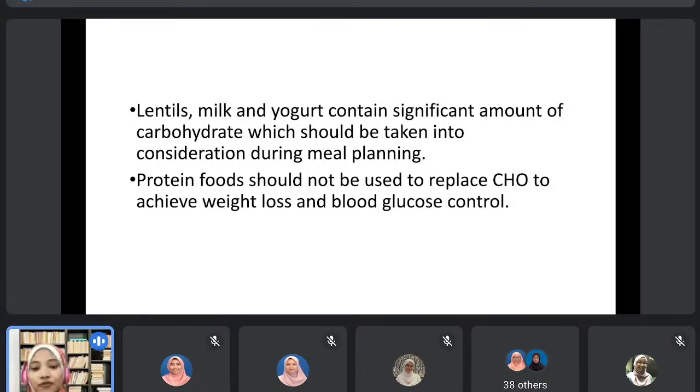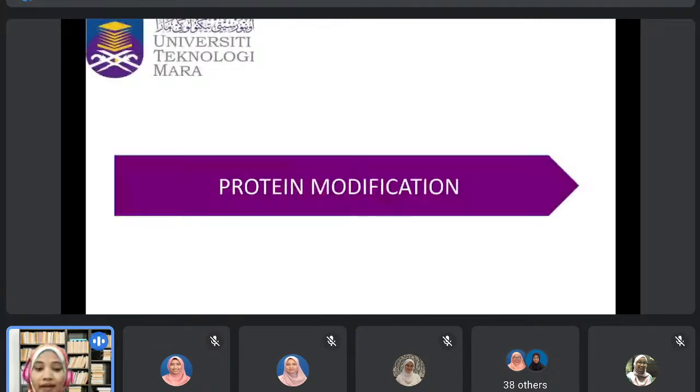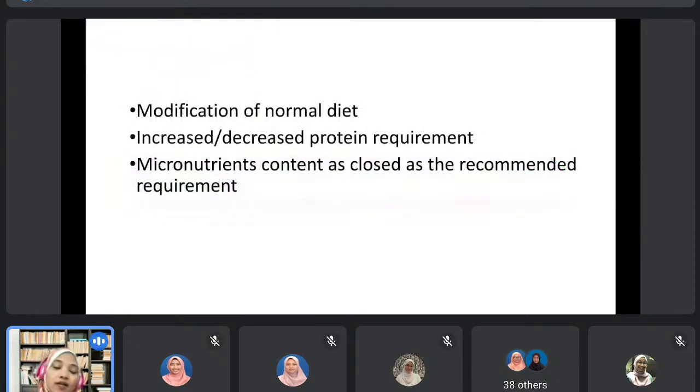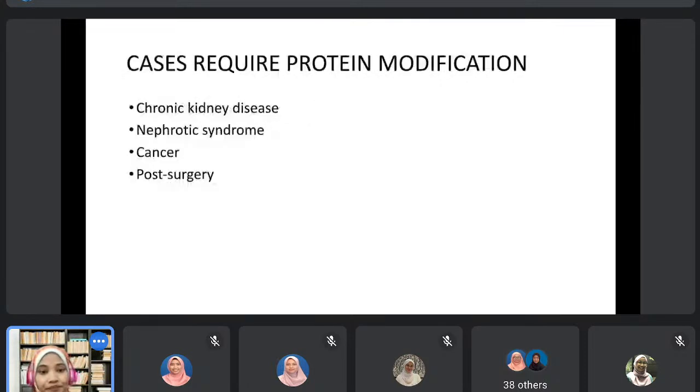And then protein food should not be used to replace carbohydrate to achieve weight loss and blood glucose control. Okay, next is protein modification. It is a modification from a normal diet. It could be an increased or decreased protein requirement, and the micronutrient content should be close to the recommended requirement as well.